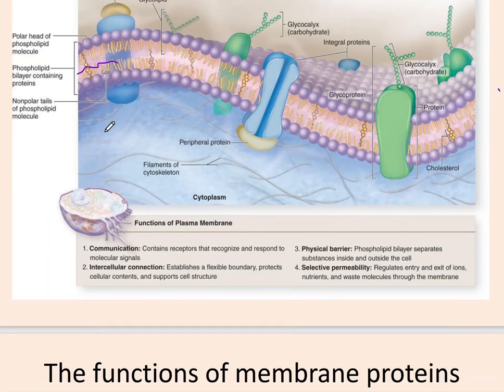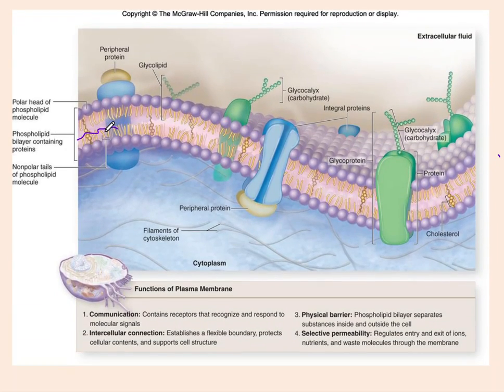When we look at an image of a plasma membrane, you can see here how this is the exterior of the cell, and the exterior of the cell contains a lot of water with many other substances. And the interior of the cell over here also contains water with a lot of substances. So here's your cytoplasm, and up here is the extracellular fluid.